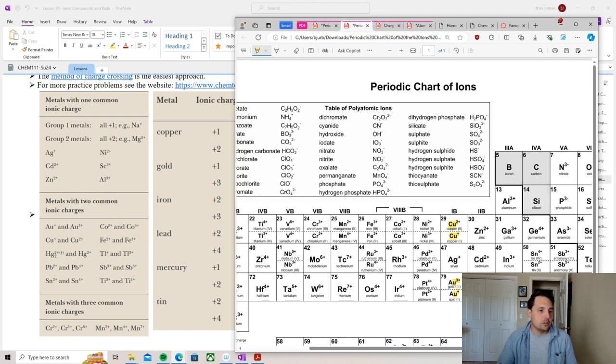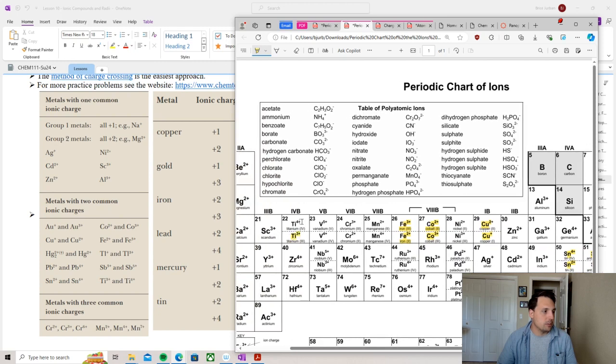Lead forms +2 and +4 ions. Tin, +2 and +4. Cobalt is +2 and +3. Iron is +2 and +3. Thallium is variable charge, as is antimony and titanium.